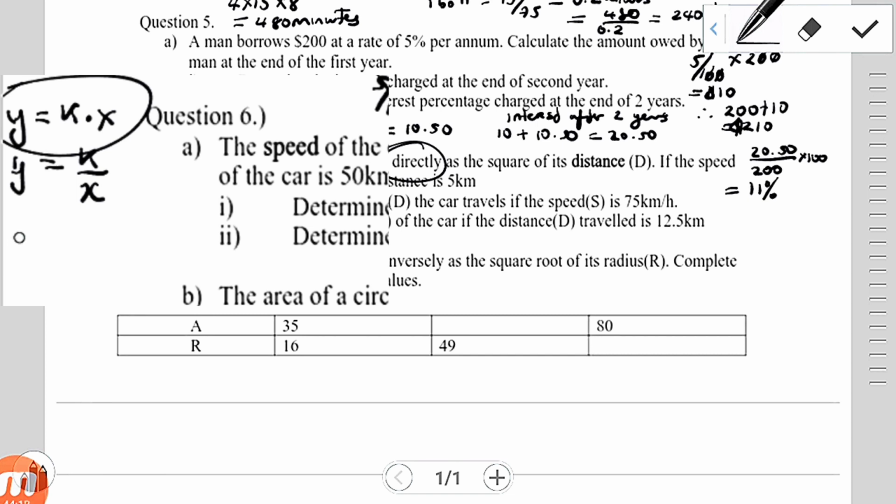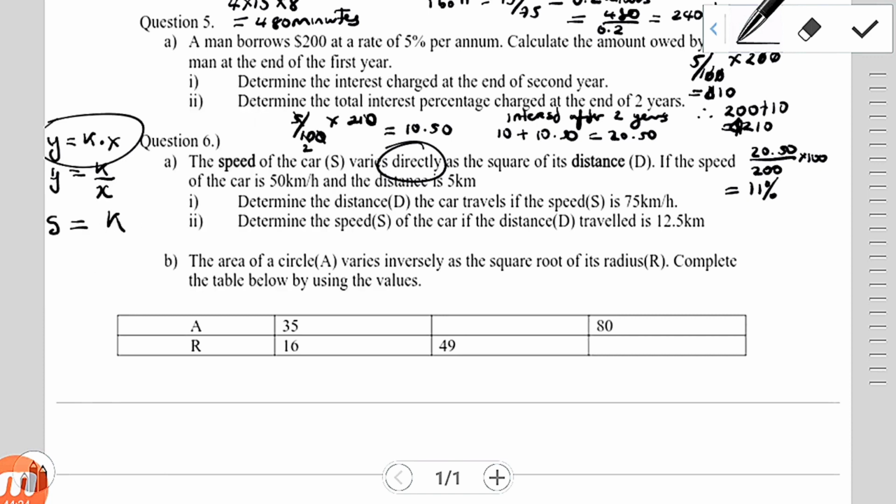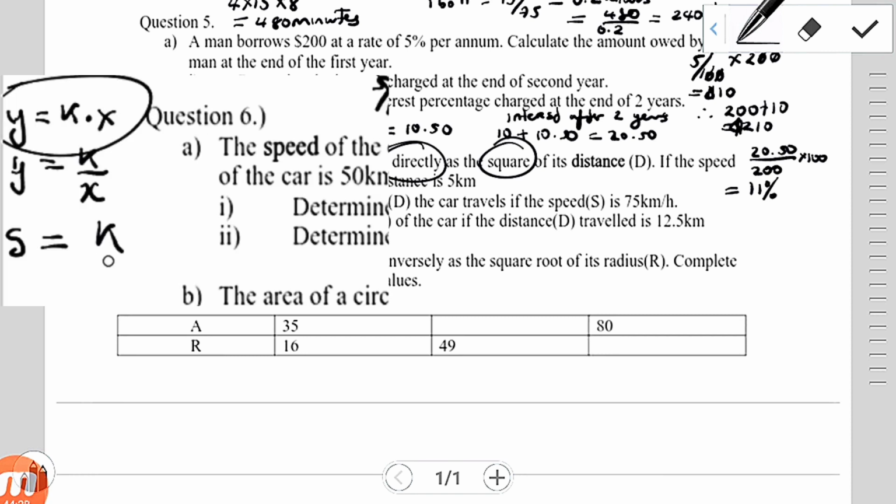Therefore, we can say that s varies directly as k, over d, but it did say the square of its distance. So in fact, it's going to be k multiplied by d squared. That is the adjustment in the formula.